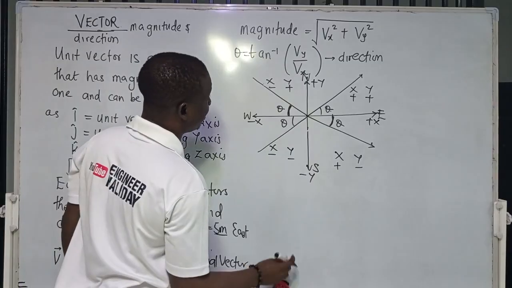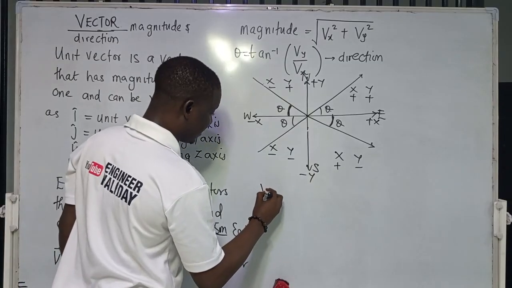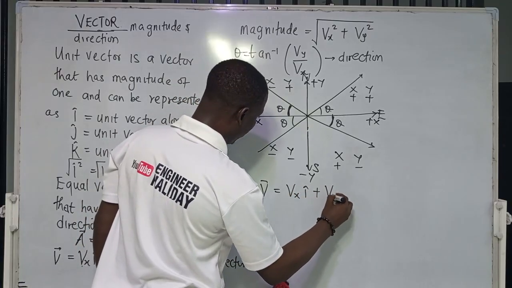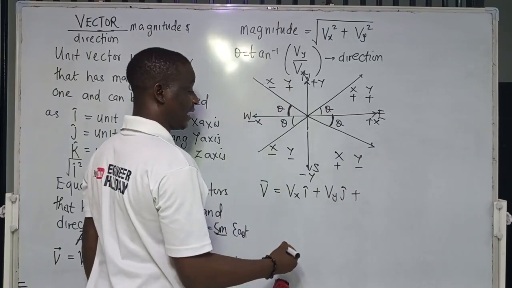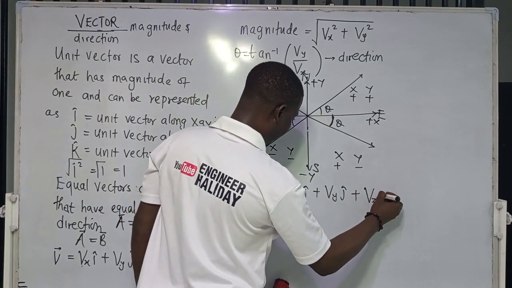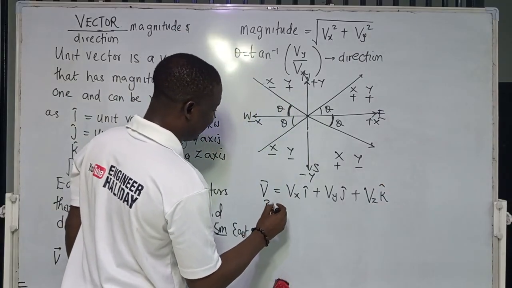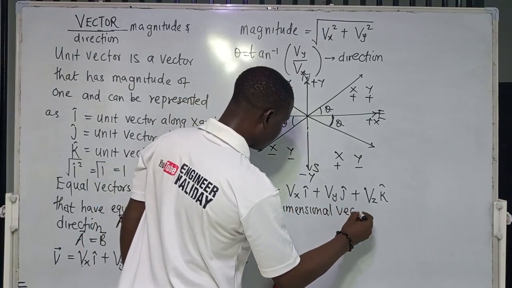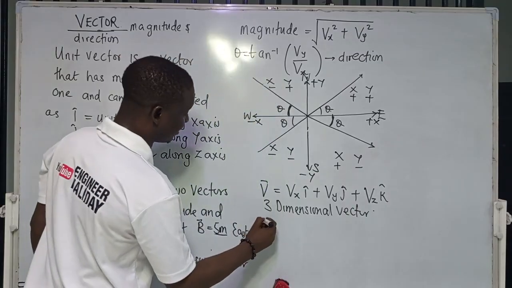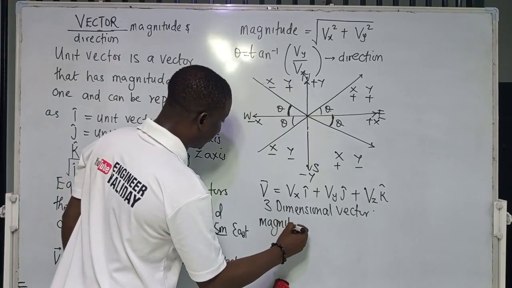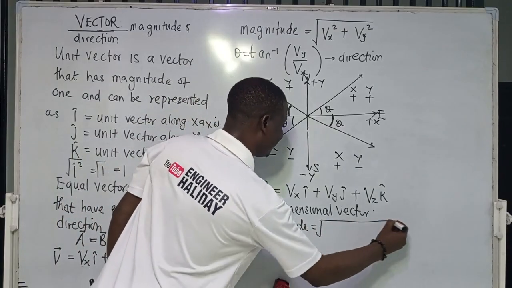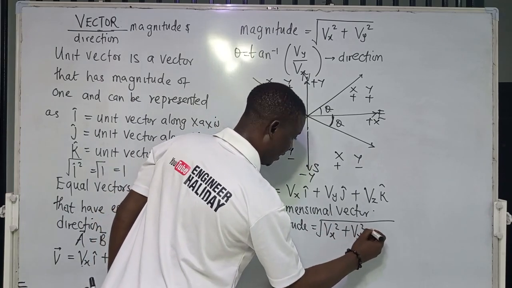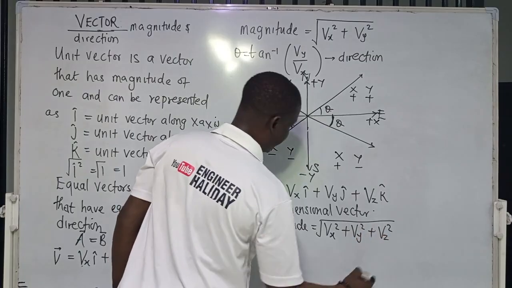What about three dimensions? Let's say vector v or velocity v equals Vx i plus Vy j plus Vz k. I know you know what i, j and k mean. This is a three-dimensional vector. Now, how do we find the magnitude? To find magnitude is very easy. What you are going to do is take Vx squared plus Vy squared plus Vz squared, then the square root.